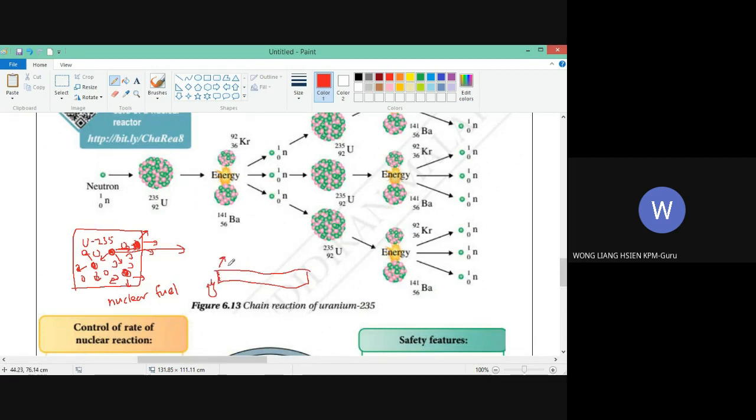The chemical reaction releases heat energy. This heat energy released from the burning on this side will cause the next molecule to combust, to burn. So the burning releases energy, and the energy makes the next one burn, and the next one to burn. So it's the same, a chain reaction like that.